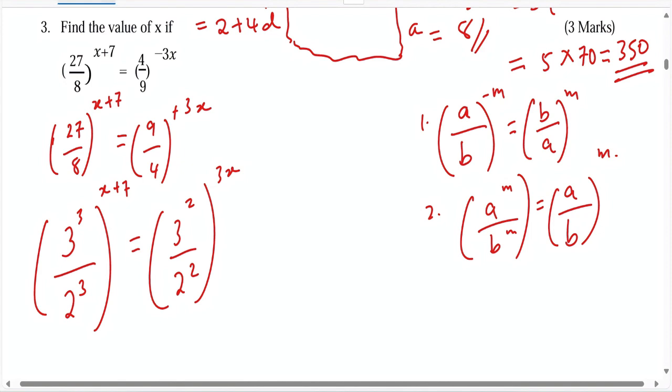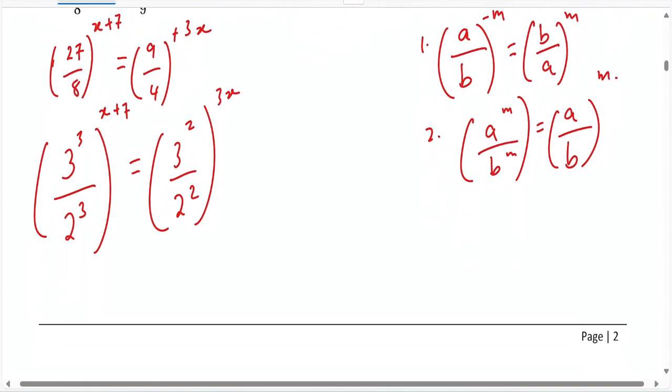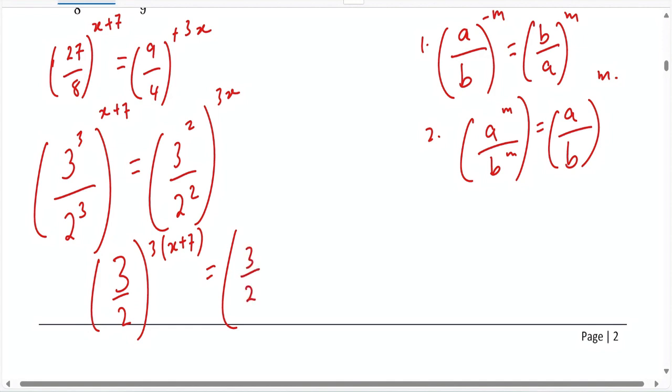So basically kuna power 3, so hiyo itakuwa ni 3 over 2 power 3, lakini kumbuka nje kuna power ingine. Sawa? Isije ukakoroga. And the same thing hapa itakuwa 3 over 2, lakini kumbuka nje pia kuna power ingine.